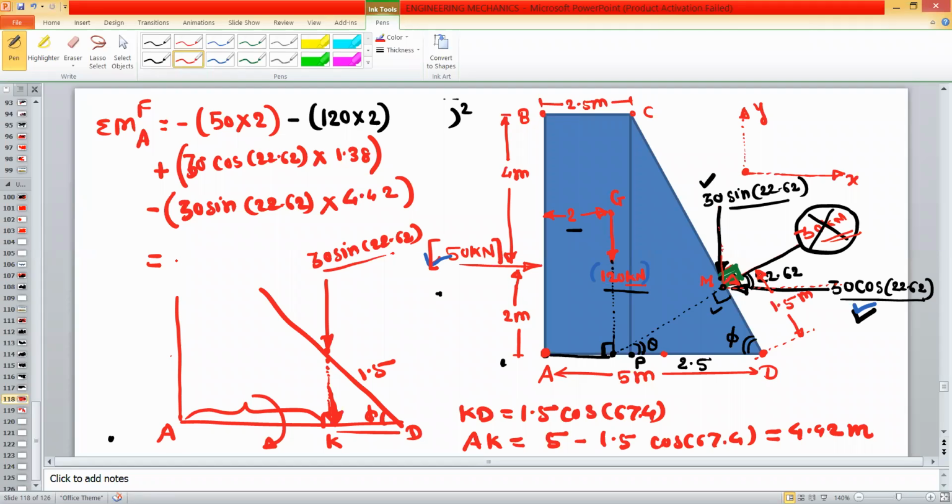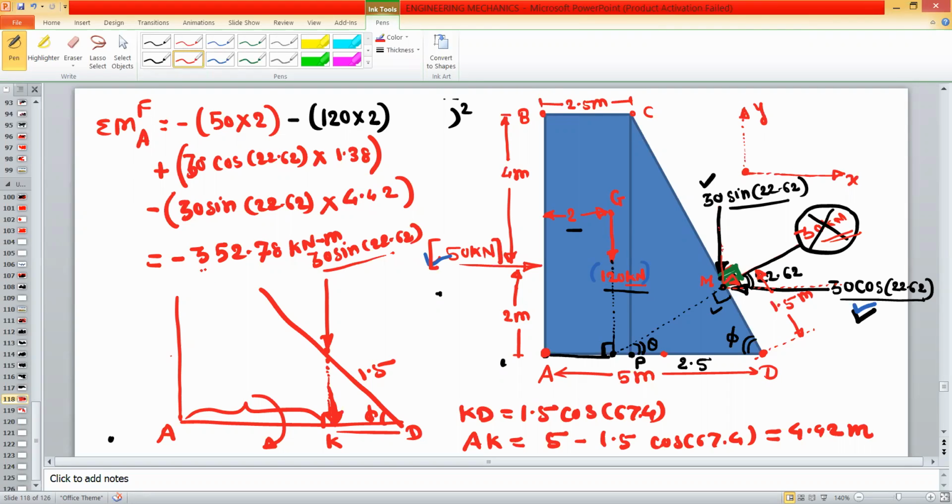This complete value is minus 352.78 kilonewton meter, because the unit for moment is Newton meter if the force is given in Newton, or if the force is given in kilonewton, it will be kilonewton meter.